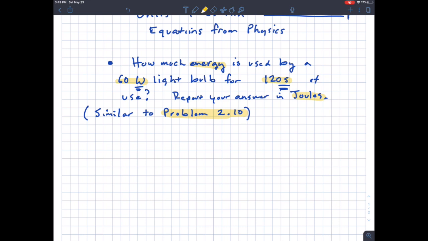And then you look into the tables that show up in chapter 2, and you'll see watts. And the dimensions for watts, W equals watt. Okay, the dimension for a watt is joules per second. Okay, so then the idea here is we know that energy is measured in joules, so let's substitute for the joules.